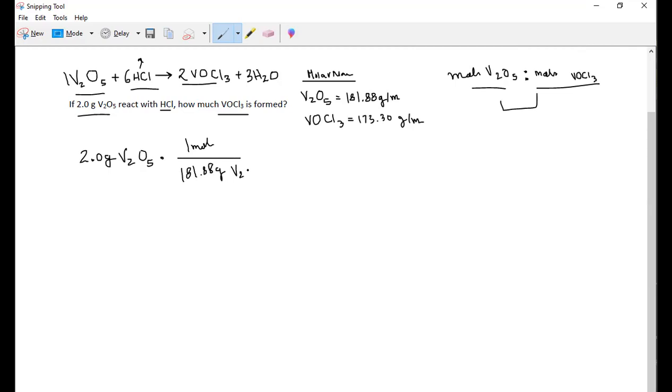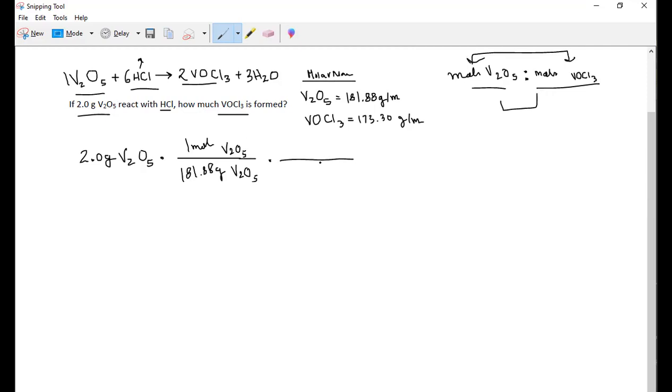So that's V2O5. And at this point in the conversion factor, you essentially have moles of V2O5. But remember, our main goal was to express moles of V2O5 in terms of moles of VOCl3. And this is essentially our chance to do that, right? We have moles of V2O5.